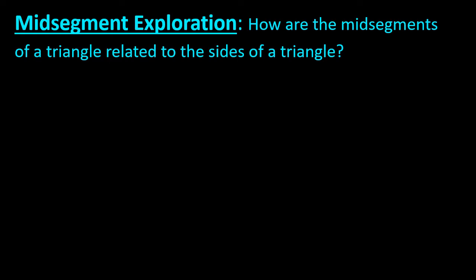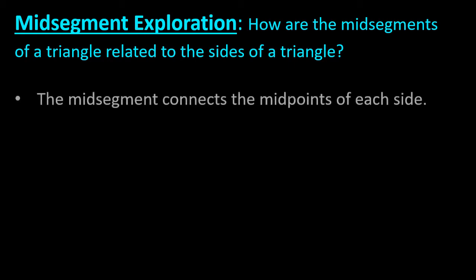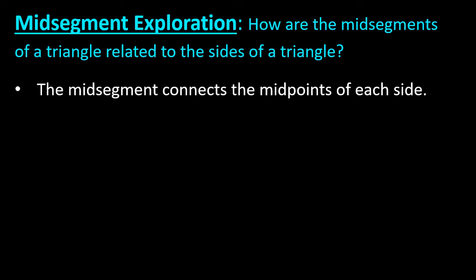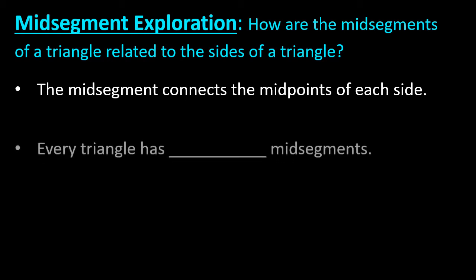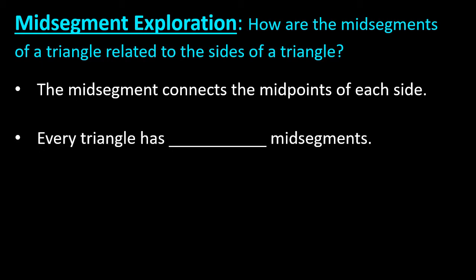If we want to talk about how the midsegments of a triangle are related, the midsegments of a triangle connect the midpoints of each side. Through your exploration, you should have realized that. Every triangle has 3 sides, therefore every triangle also has 3 midsegments.